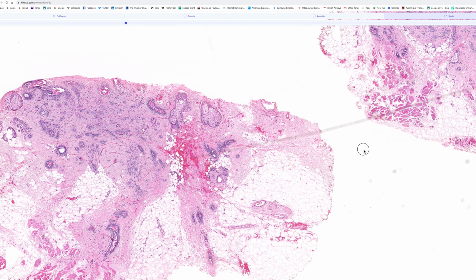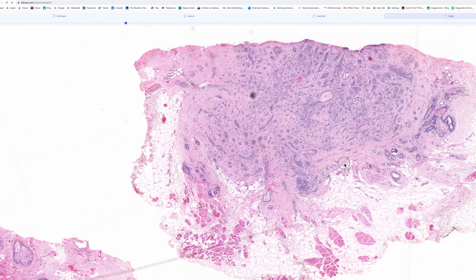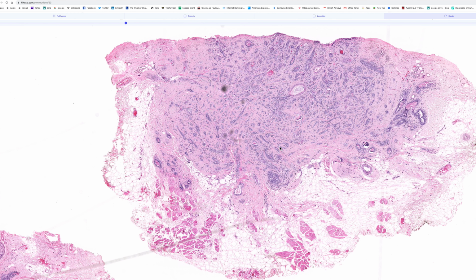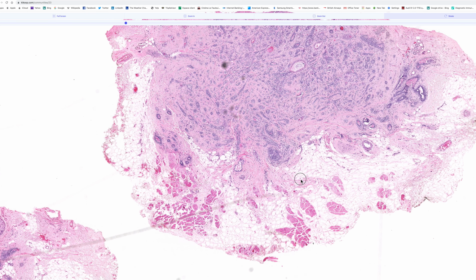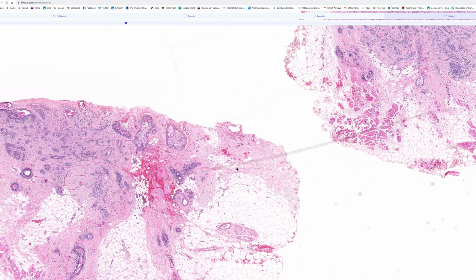Some people suggest radiotherapy, but I'm not sure that's really necessarily a great plan for the primary treatment because it's likely to result in dense scarring, and then any residual tumor will become much more difficult to treat. So that's a fairly nice microcystic adnexal carcinoma.